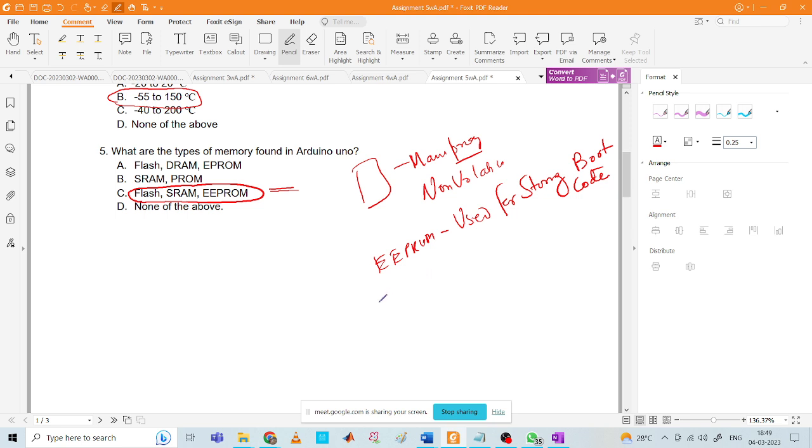And flash and SRAM is used for storing data. So keep these three differences in mind.